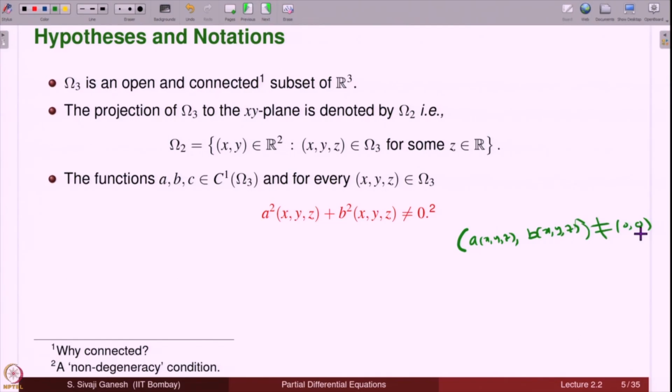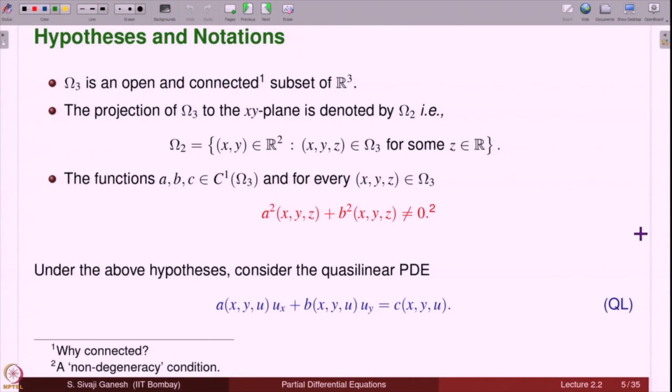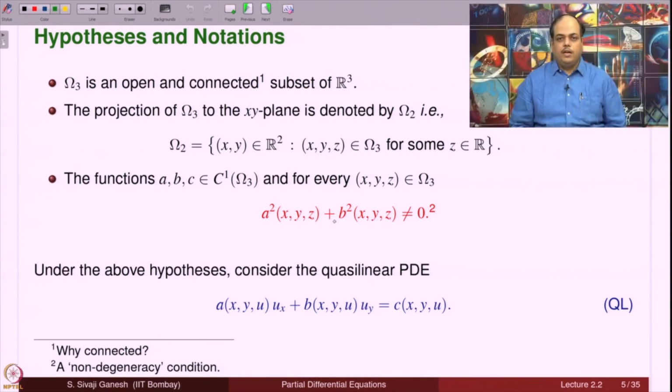Why do we need this assumption? Imagine both a and b are 0, then in the quasi-linear equation we are going to consider, there is no differential equation, because at that point a is 0, b is 0. So, it is just c(x, y) equal to 0, some kind of degeneracy. So, we do not want that. That is the reason why we assume a and b simultaneously cannot be 0 at any point in omega 3.